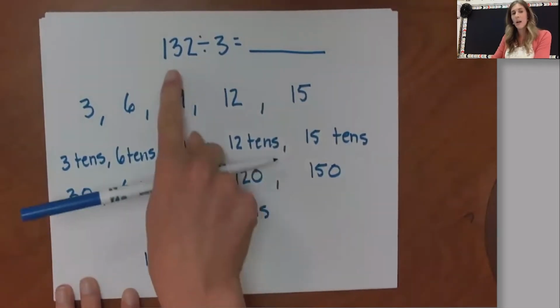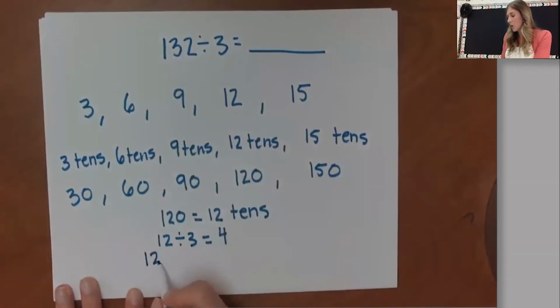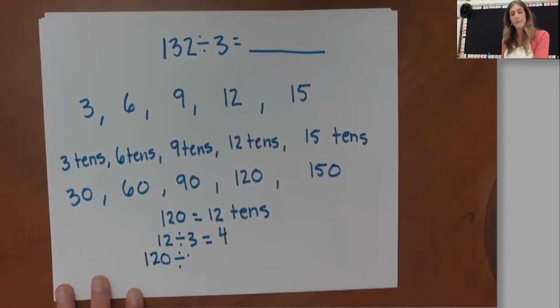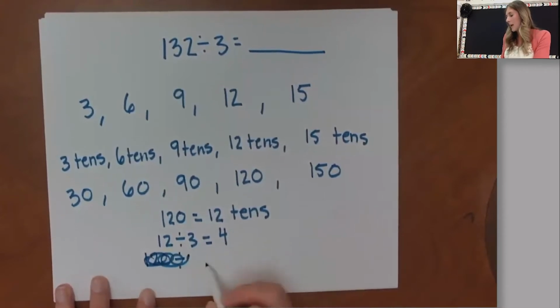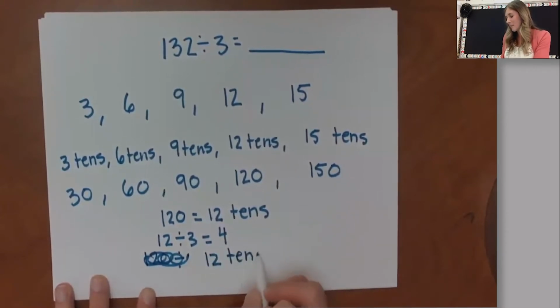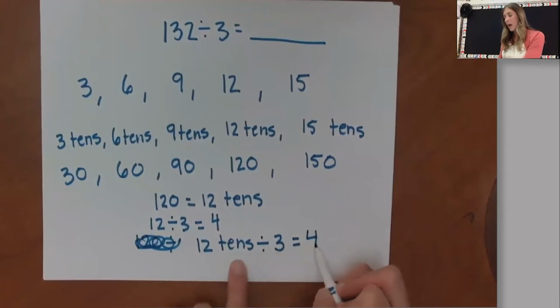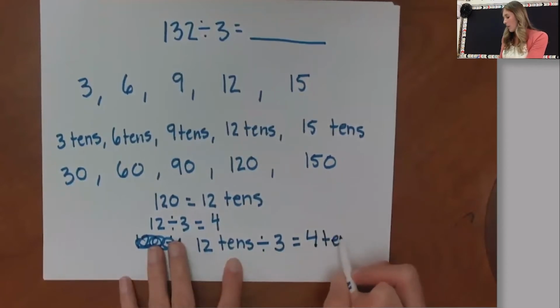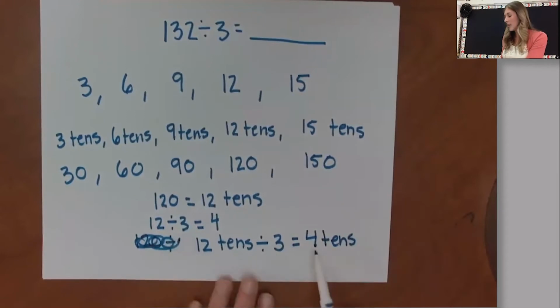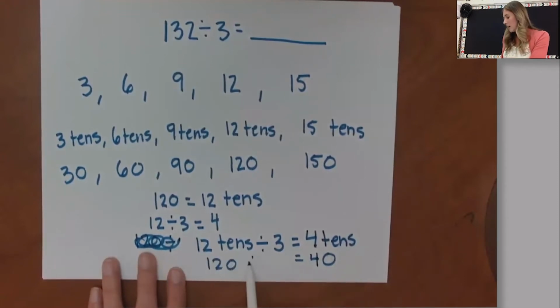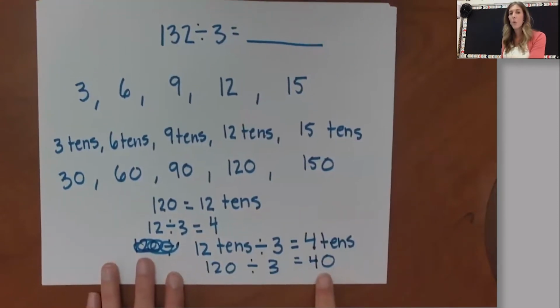We can rewrite our division problem, our estimated division problem, 120, I just messed that up, as 12 tenths divided by 3. You already told me that 12 divided by 3 is 4, and then we carry our unit over with it. 4 tenths, which is equal to 40. So 120 divided by 3 is 40.